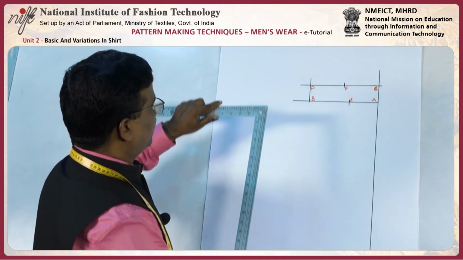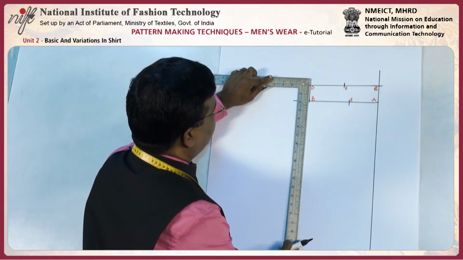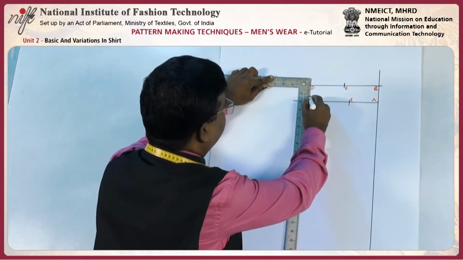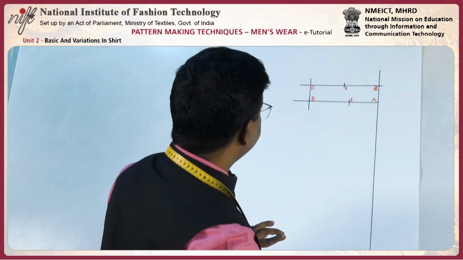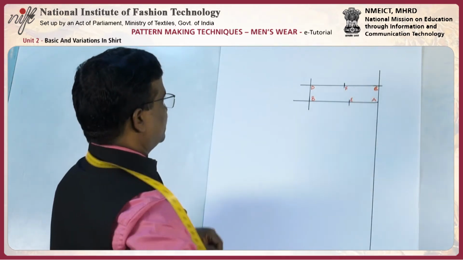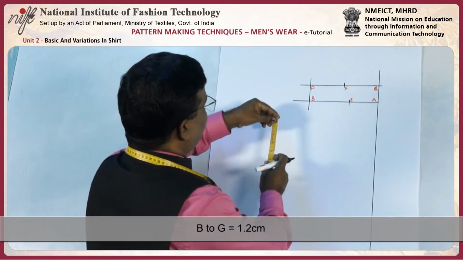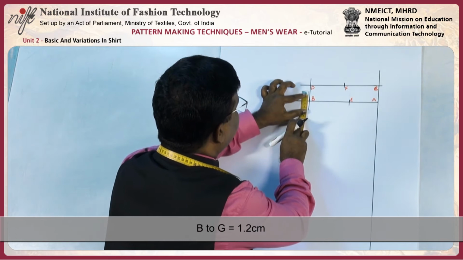From B, extend a line downward. B to G, 1 centimeter.